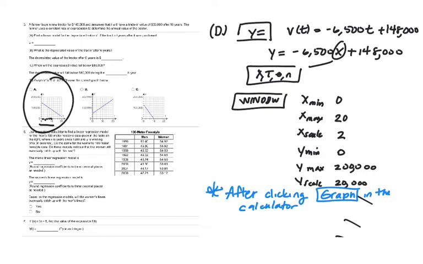Okay, let's look at number 6. Number 6 says use a graphing calculator to find a linear regression model for the men's 100-meter freestyle data given in the table on the right, where X is years since 1980 and Y is winning time in seconds.